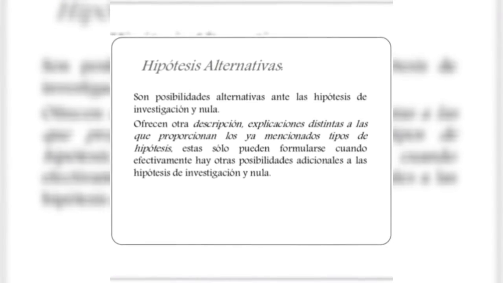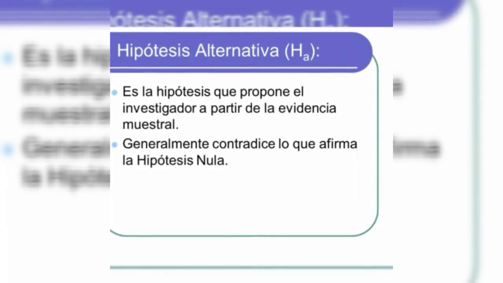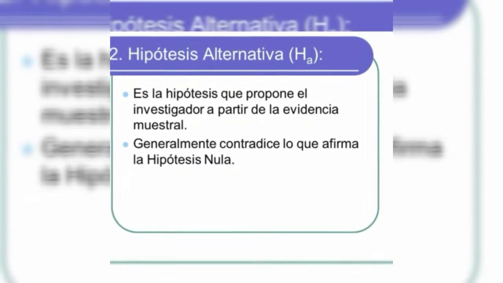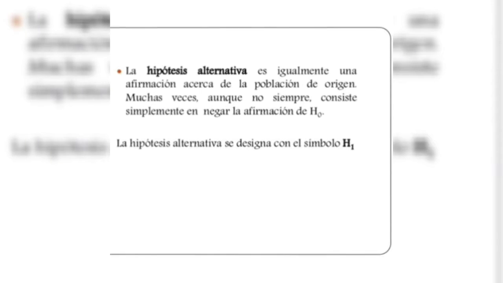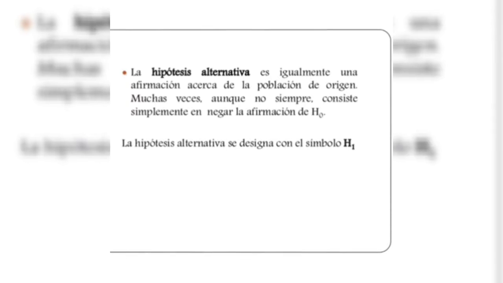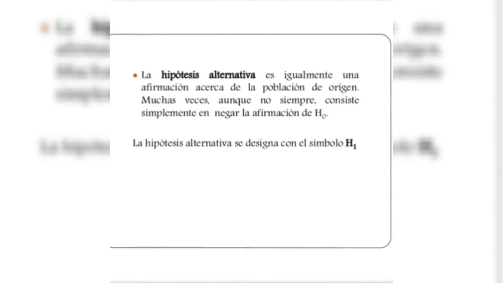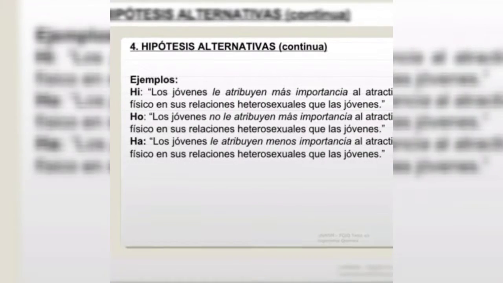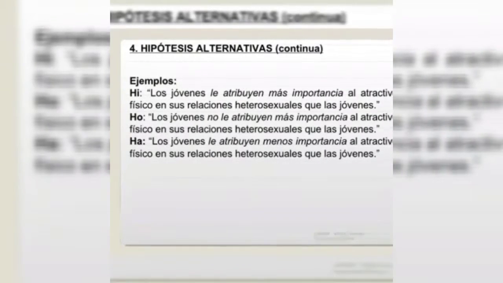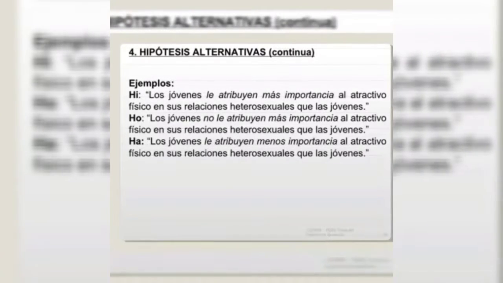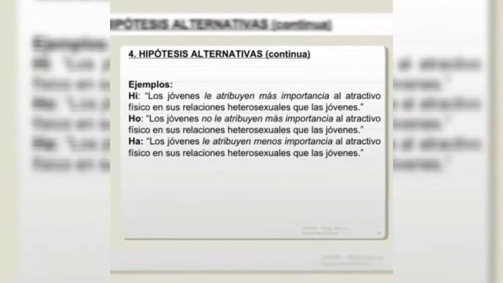Alternative hypotheses are symbolized as Ha. Example: candidate Ivan will have between 15 and 60% of the total votes in the election for president of the school council.